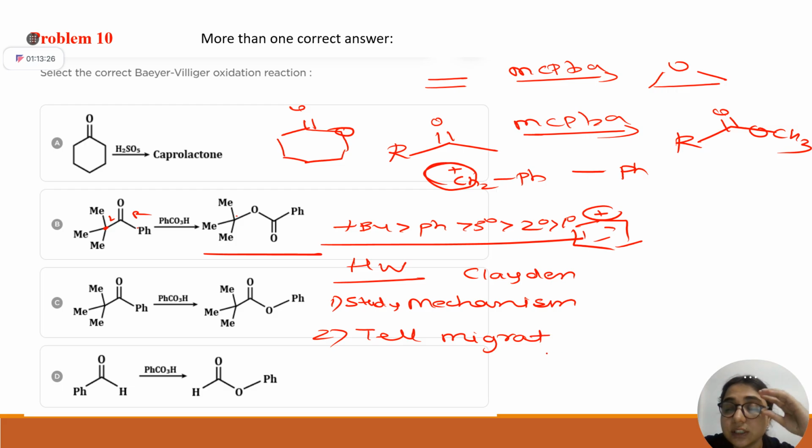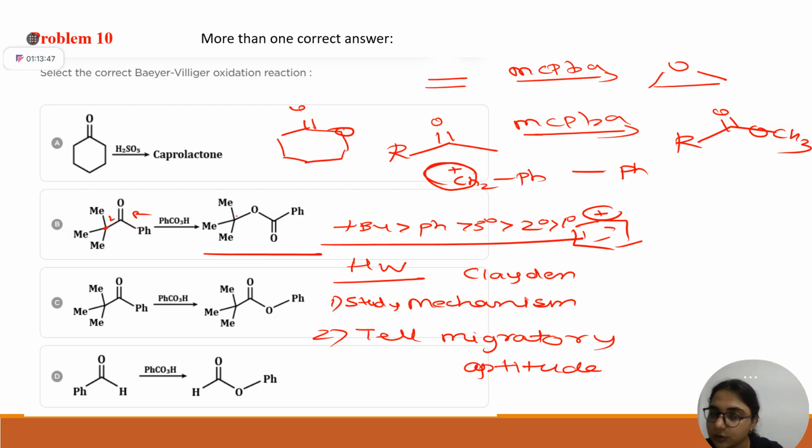There we don't have to see exactly the migratory group aptitude, because there we are migrating on behalf of which group is going to stabilize that carbocation. But here you have to see migratory aptitude, because after doing too much computational study they came up with the final order, right? So you can get that order in these books, and after that you can do the question.